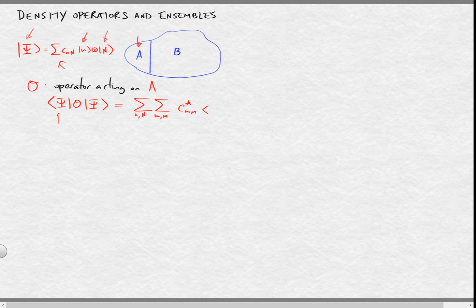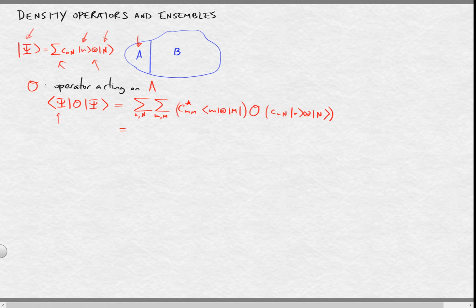So that would look like this, <m| tensor <M|, and then we have our operator, and then we'll write the ket state again using this formula. So now that's C_N, |n> cross |N>, and everything is summed over the indices.